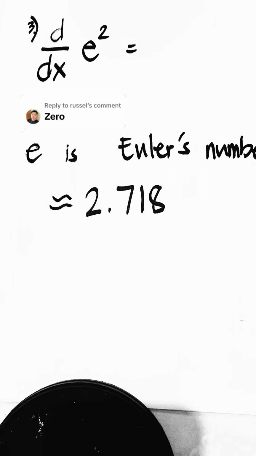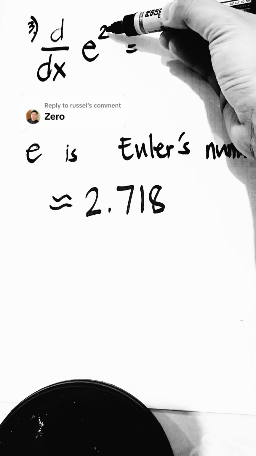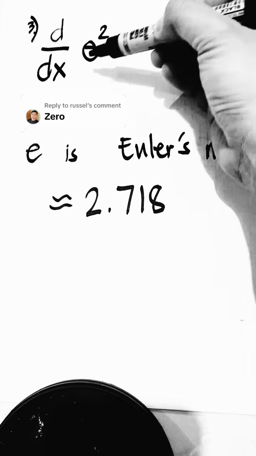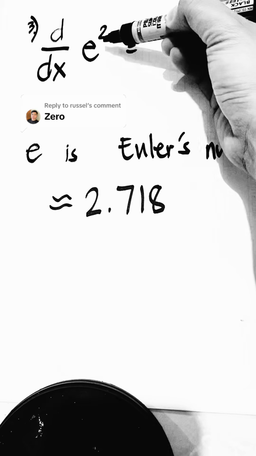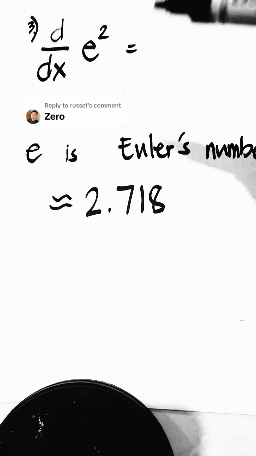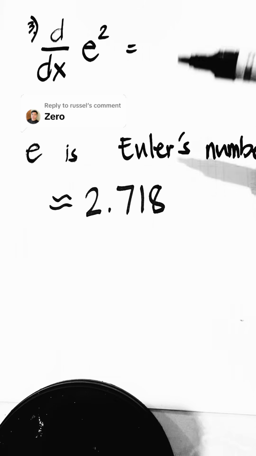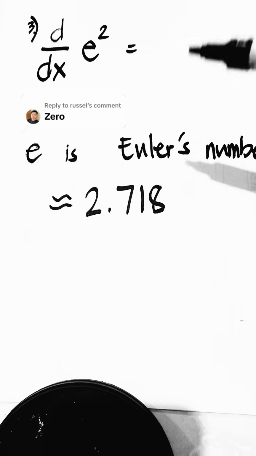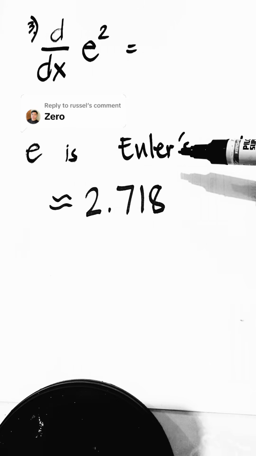Now, no matter what constant exponent we put above e, or the Euler's number, it doesn't change the fact that it is just a constant numerical value.